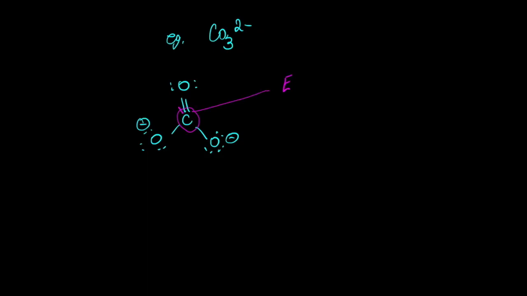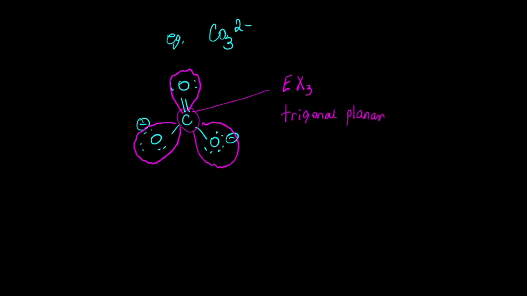And it's bonded to 1, 2, 3 groups, okay? And there's no unshared pairs, and we know that this is called trigonal planar, okay? So the electron geometry and the molecular geometry is the same. It's trigonal planar, okay? So that's a little bit about that.